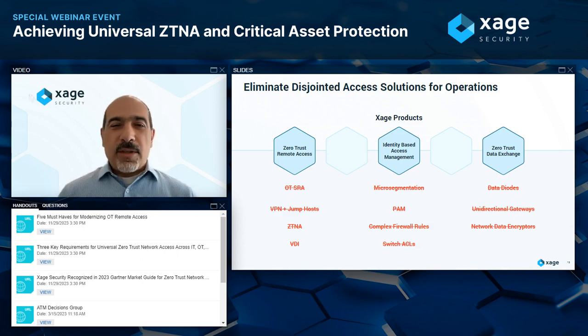And before I jump into a demo, I wanted to conclude on the slide. Really, ZTNA eliminates the disjoint access solutions that are currently being used in operational environments to provide remote access and asset protection.